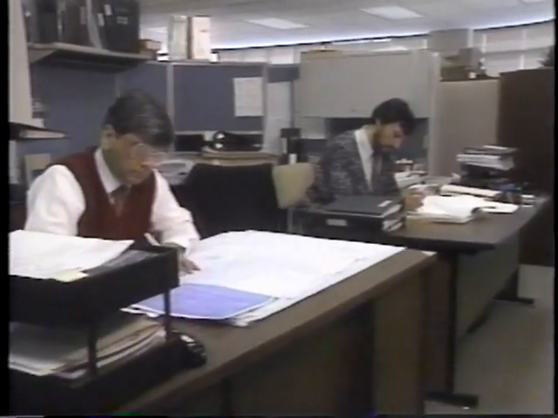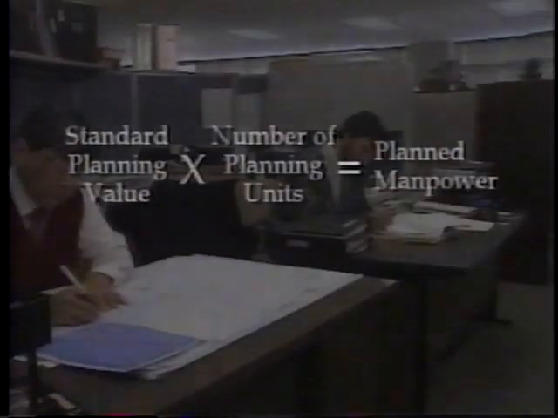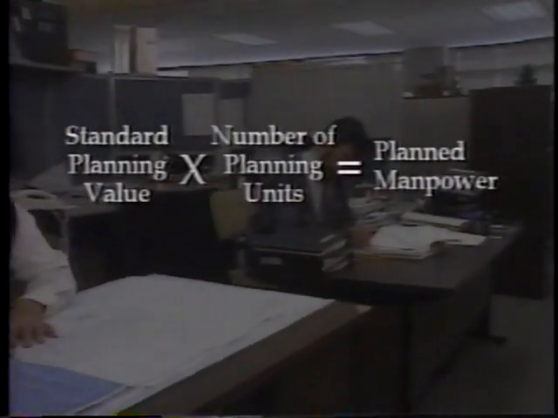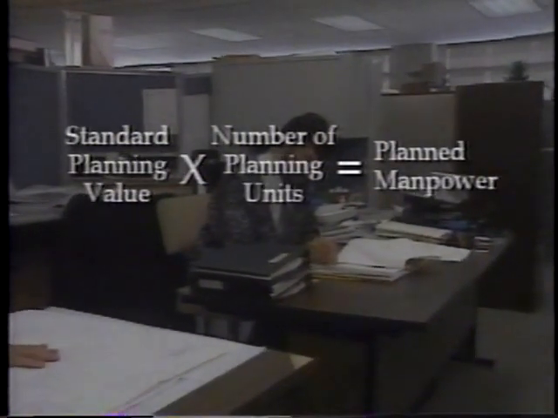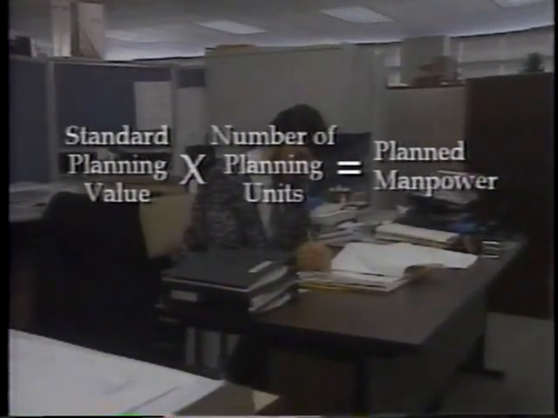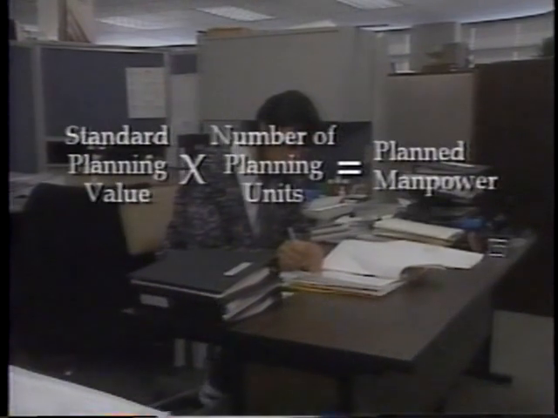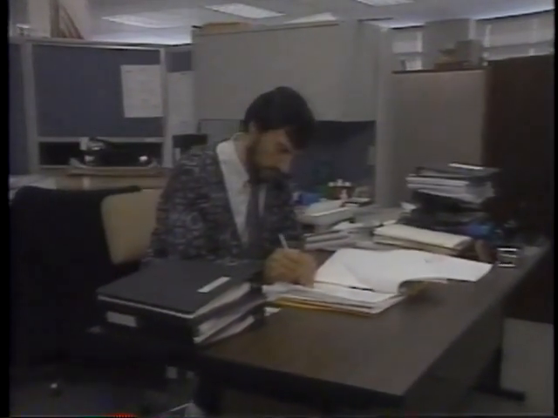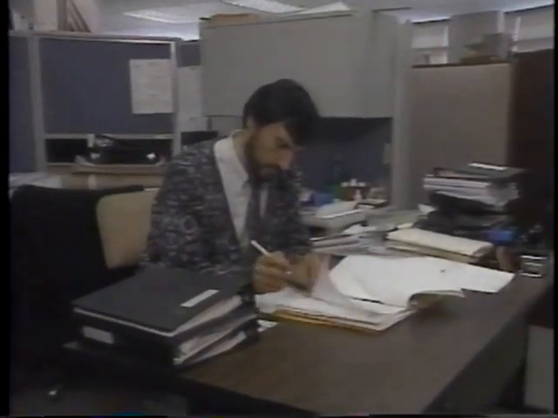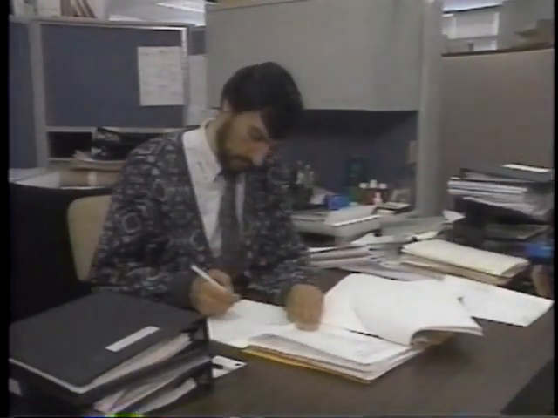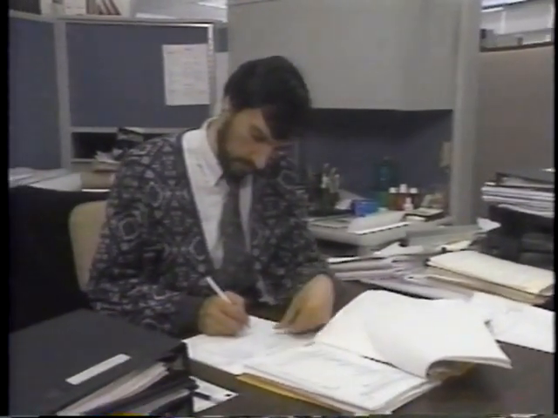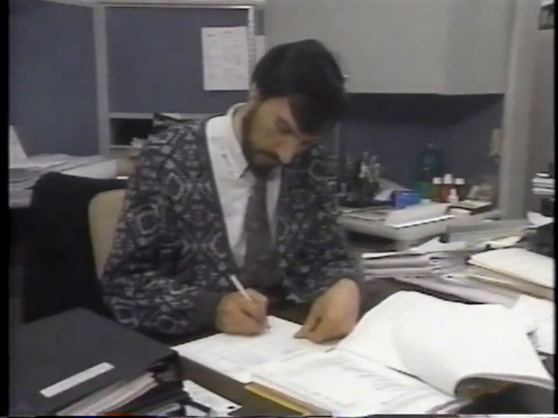The basic computation is standard planning value times number of planning units equals planned manpower. Computations should be made for each applicable activity and totaled to determine the total needs for a contract.